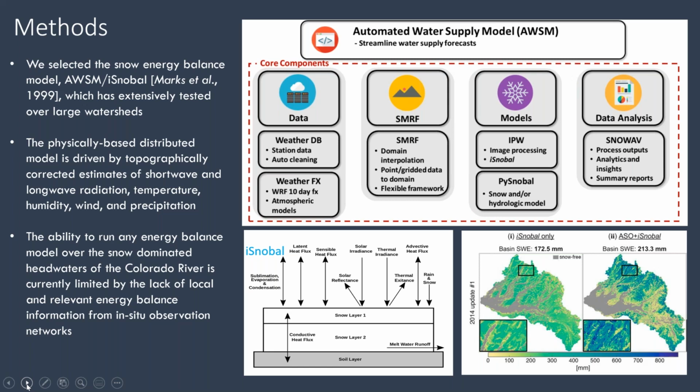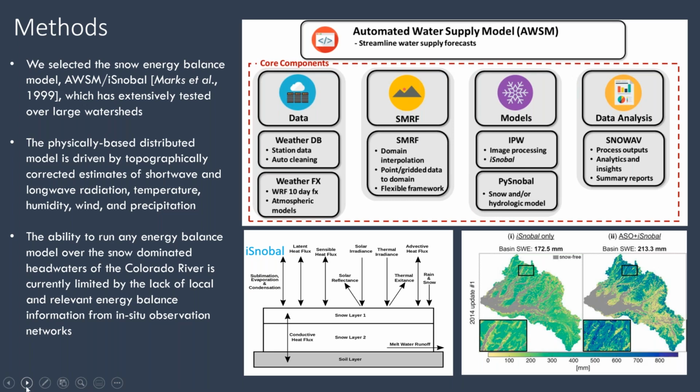This physically based, spatially distributed model is driven by topographically corrected estimates of shortwave and longwave radiation, temperature, humidity, wind, and precipitation. So these forcings can come from point stations and then be distributed using a DEM, or they can come from weather models. Something like HRRR or WRF can also be used to force the model.